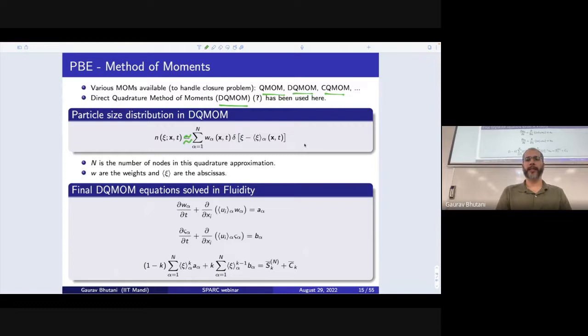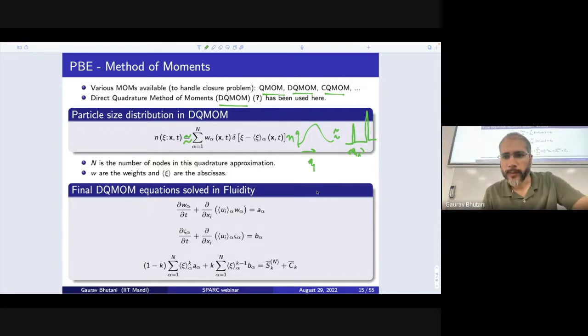So n is a distribution, right? We approximate this as, we say that rather than having all the sizes, we'll take one of these. So this we call xi1, and this we call xi2.